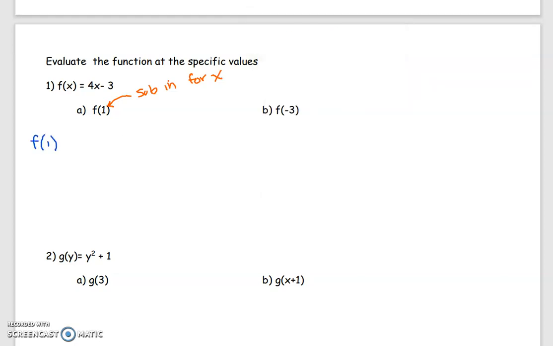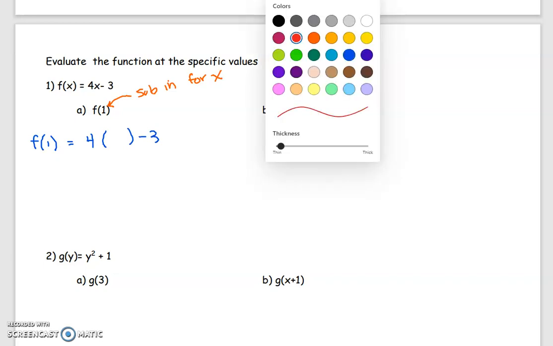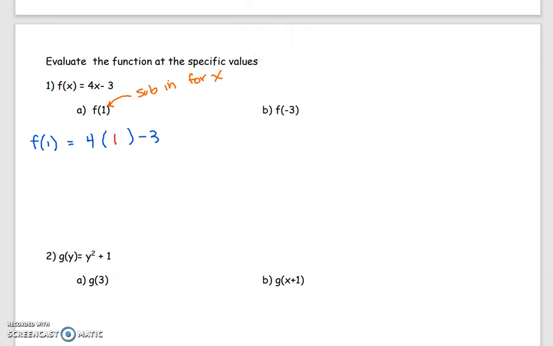F of 1 is 4 times 1, so we're going to replace that 1 in for x. This is just identifying what you're going to do. We plug it into our equation there. So 4 times 1 is 4, minus 3 is 1.